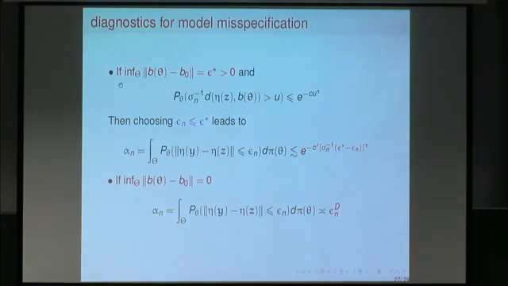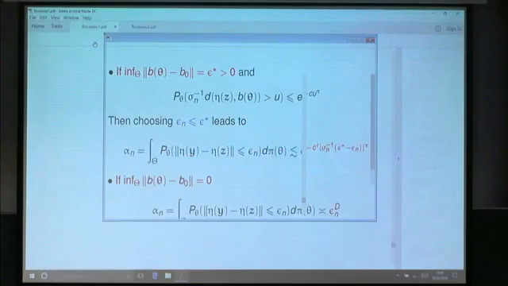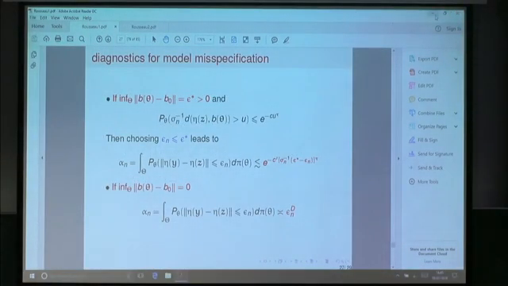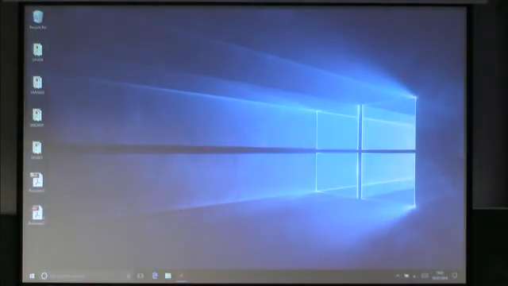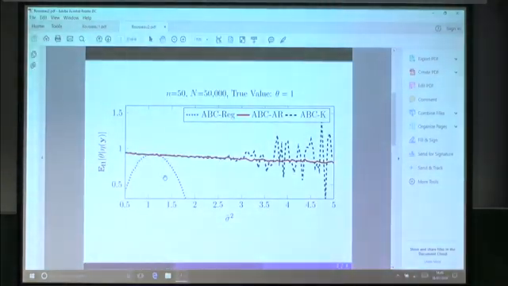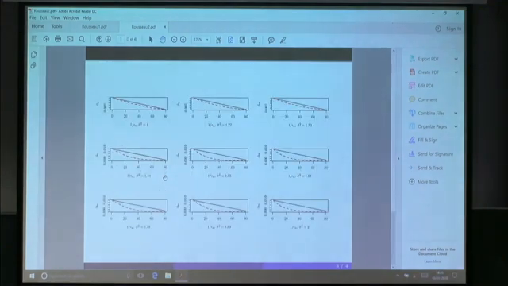What's nice is that you can have a diagnostic, and that's the second plot. I'm not going to explain the diagnostic, I'm just going to show you the plot. It's easier, actually. In practice, what people do is they are not going to fix the epsilon n, because they don't know how to fix the threshold.